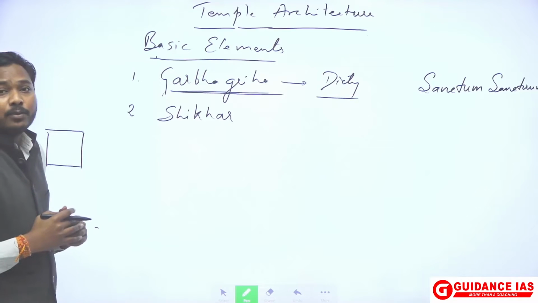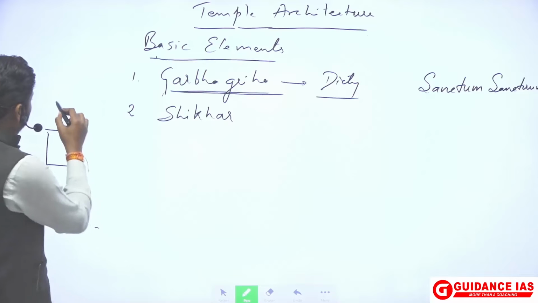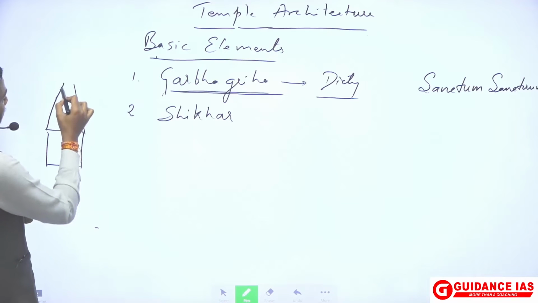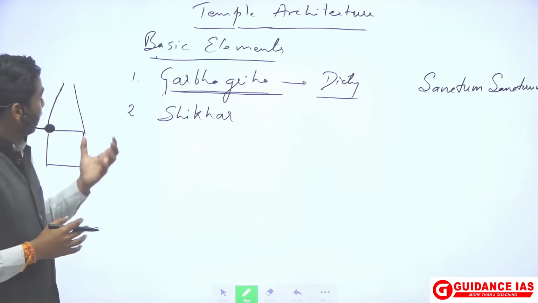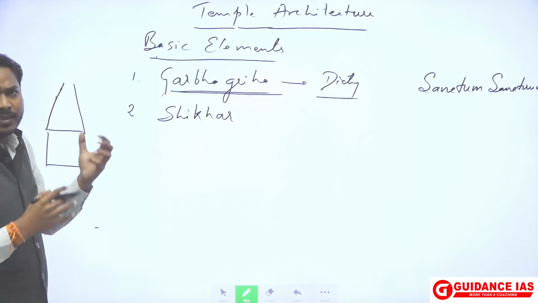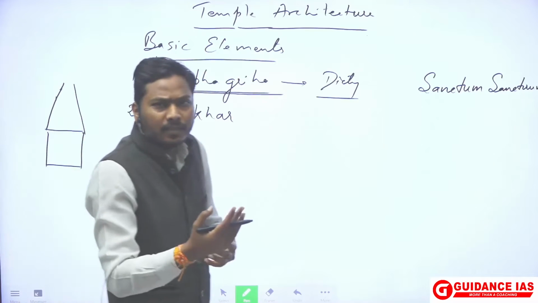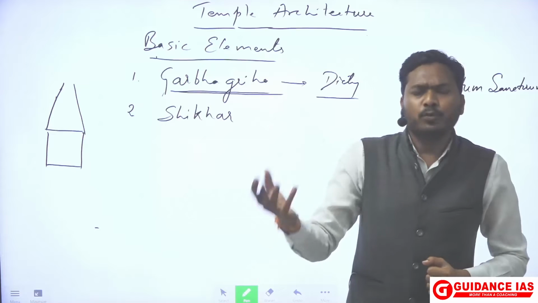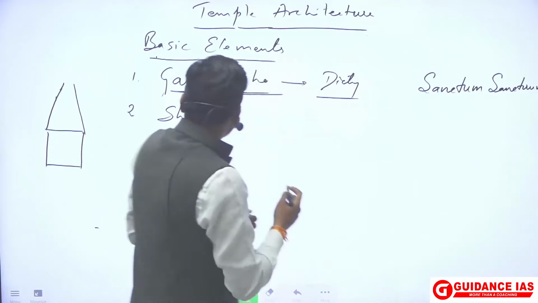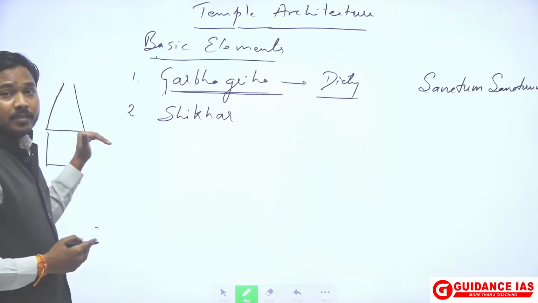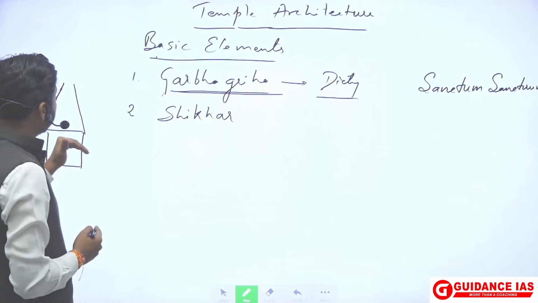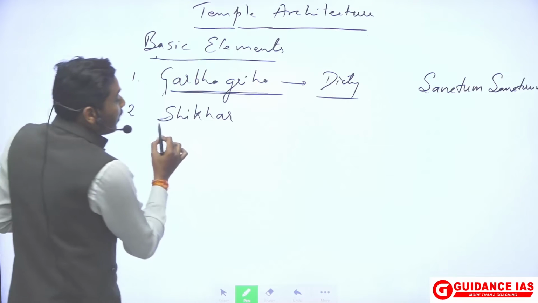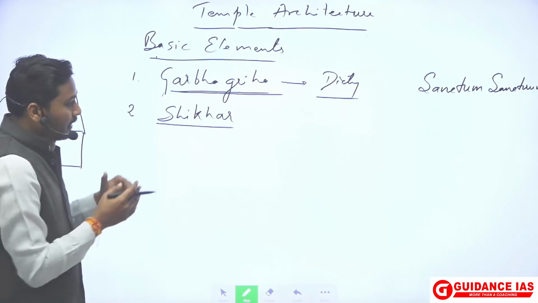Above this, you might have seen a leaning tower, in every single temple. In some places it is of a different shape, sometimes curvilinear, sometimes pyramidical. We'll go into the detail of that. But above the Garbhagriha, there is a leaning tower. This particular tower is called Shikhar. Clear? The leaning tower.